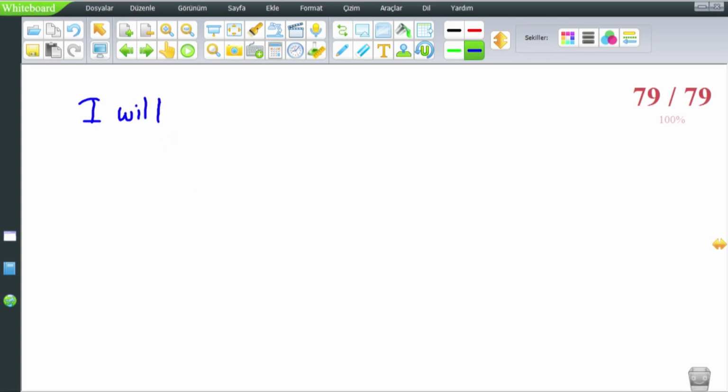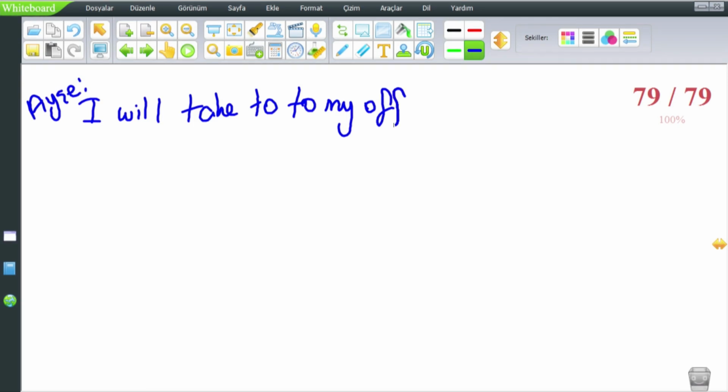Aisha is saying, "I will take you to my office tomorrow." Now, it's also important how we transform our time expressions, because our tenses change, so the time expressions also need to be appropriate with our tenses.